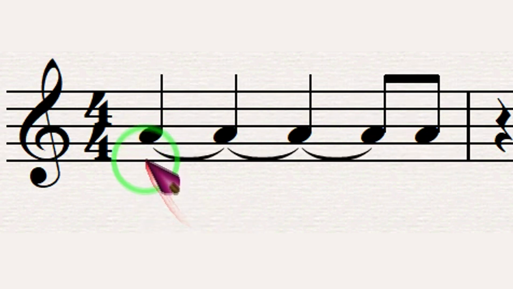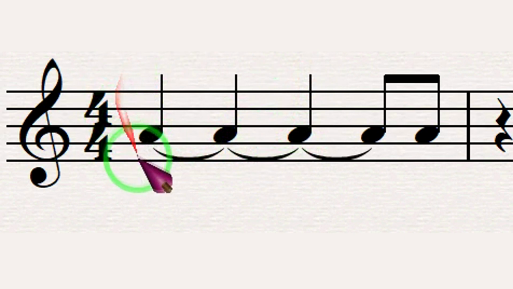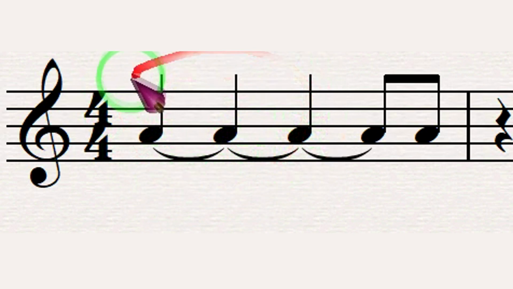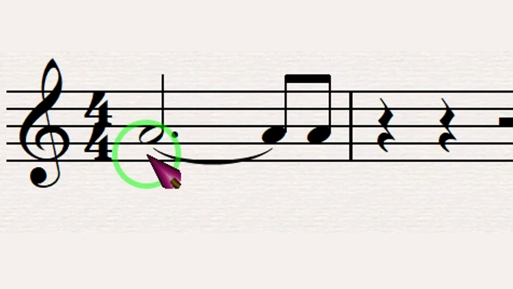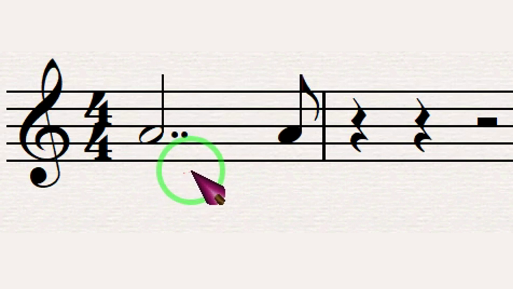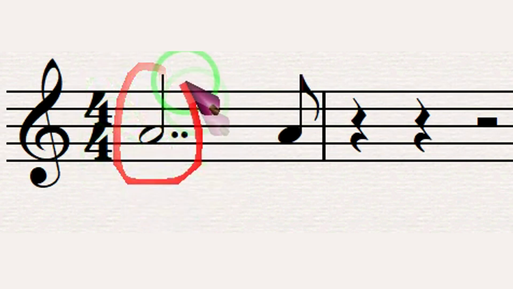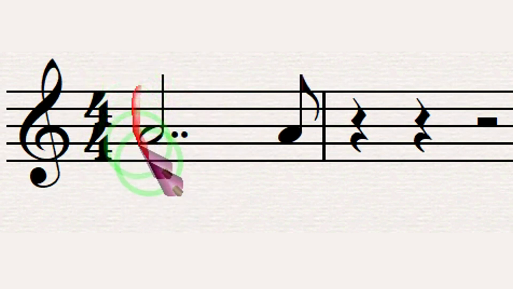Then if I have here 3 crotchets or quarter notes, I can replace them by a dotted minim or dotted half note, and then tied to the next 8th note or quaver. But I can do this in a more simplified way, a double dot. So that extends the duration of this to a half of it plus a quarter of it.